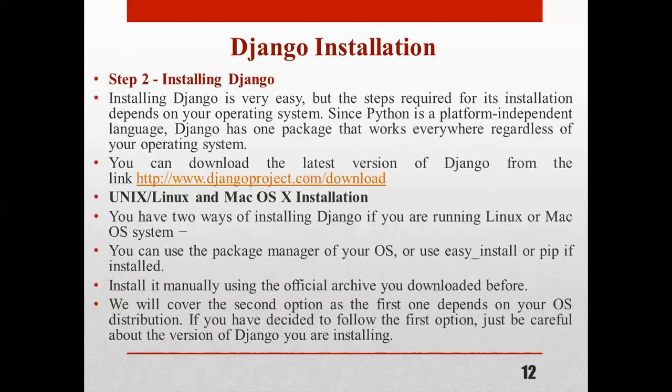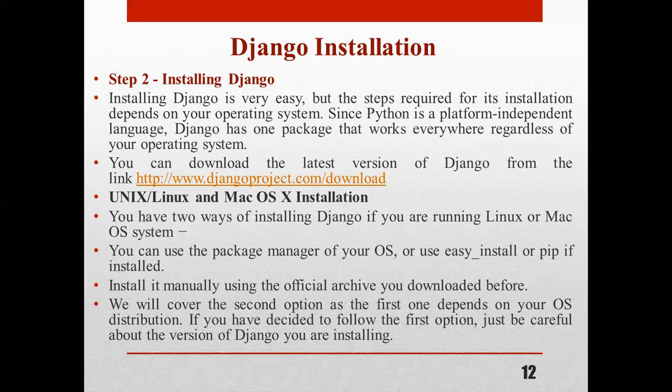Then installing Django. Installing Django is very easy, but the steps required depend on your operating system. Based on your operating system, the procedures are different. Since Python is a platform independent language, Django has one package that works everywhere regardless of your operating system.